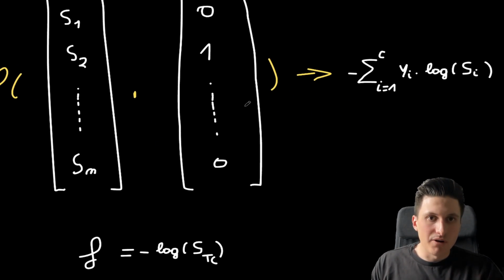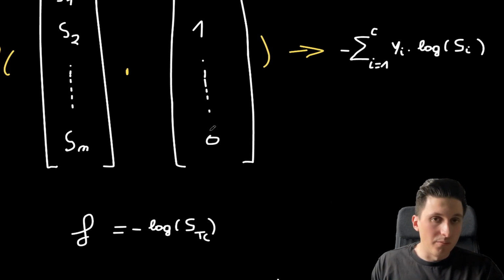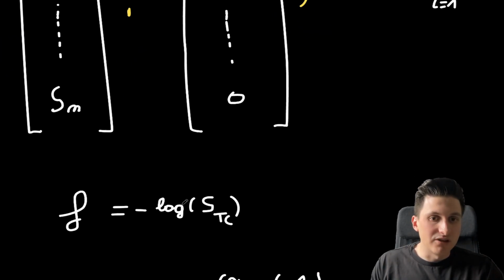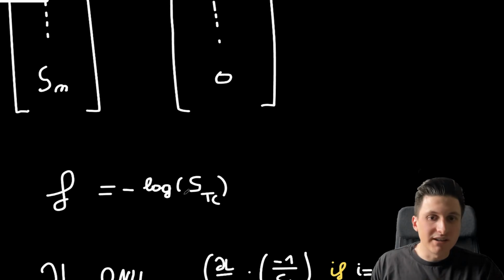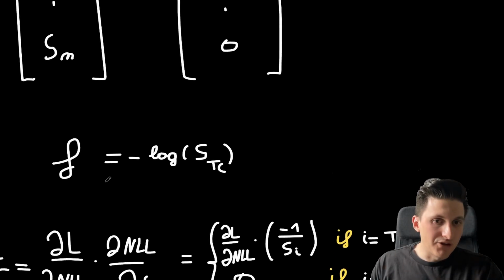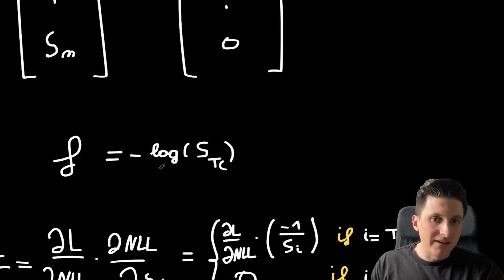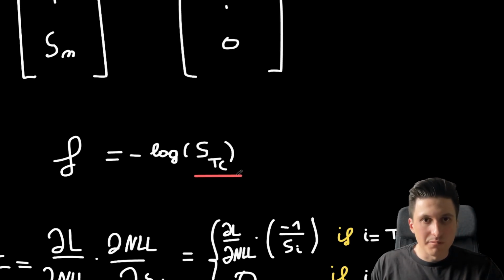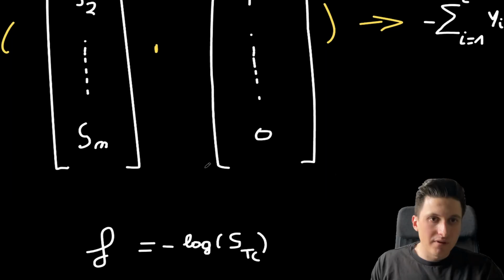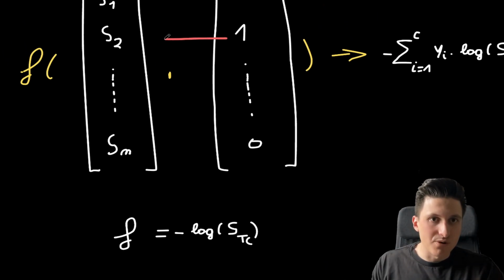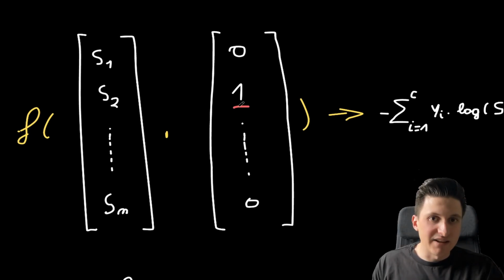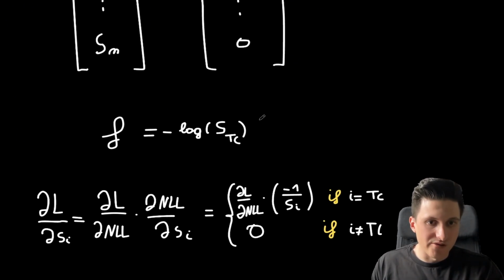And because the true labels are one-hot encoded, the formula basically simplifies to just taking the negative of the logarithm of the softmax of the number on the position which corresponds to the same index that has a 1 on the intended output tensor.